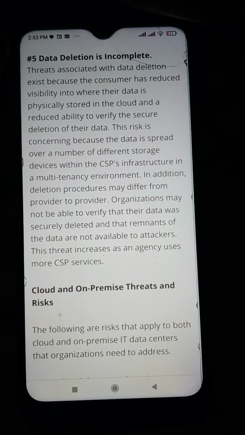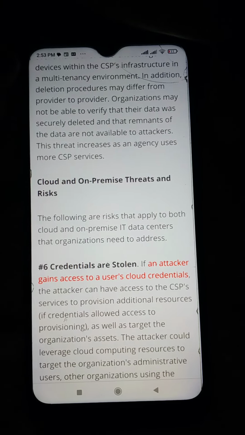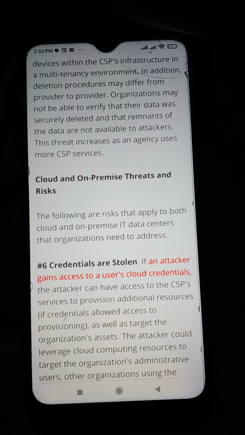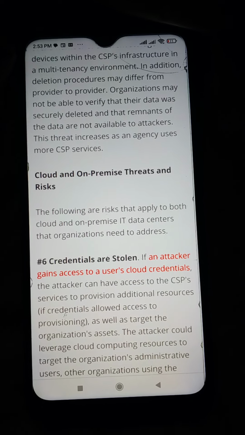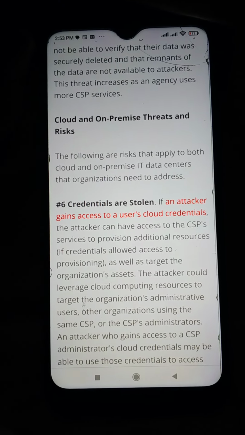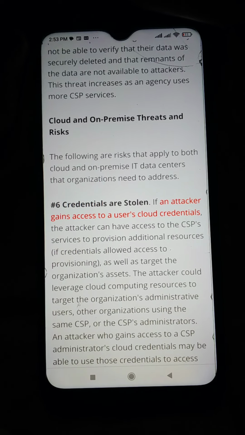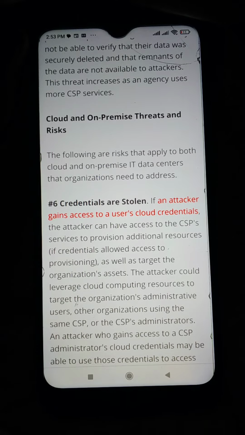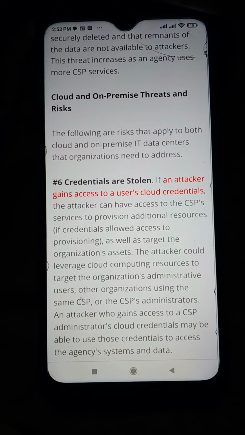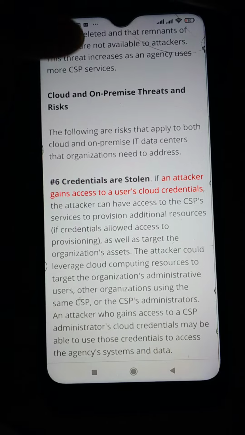These threats increase as an agency uses more CSP services. Cloud and on-premises threats and risks: the following are risks that apply to both cloud and on-premises IT data centers that the organization needs to address. Number six is credentials are stolen. An attacker gains access to a user's cloud credentials. The attacker can have access to the CSP's services to provision additional resources as well as target the organization's assets.